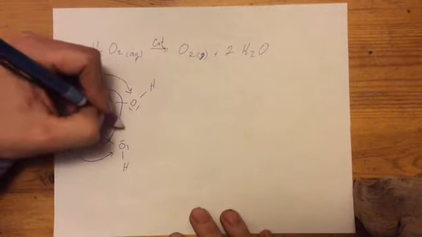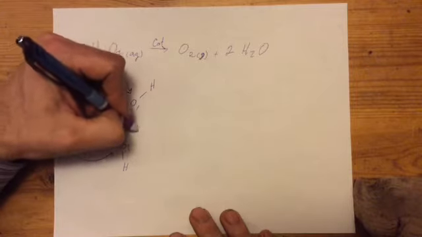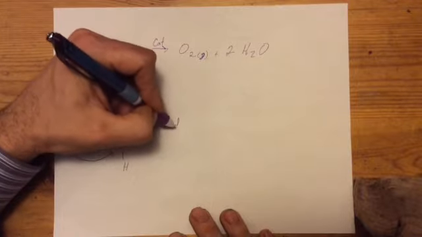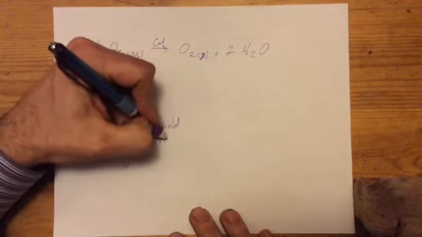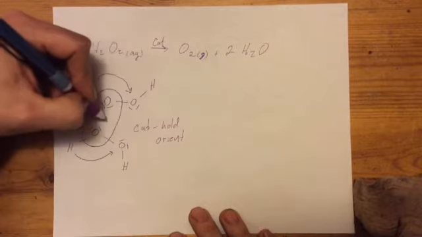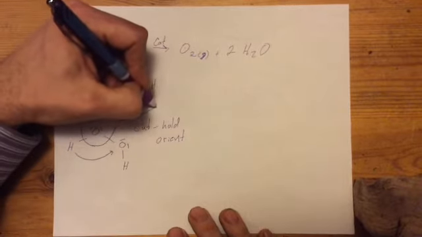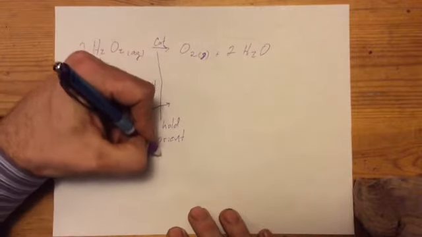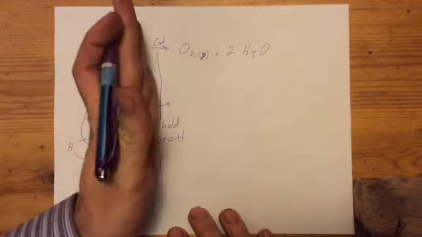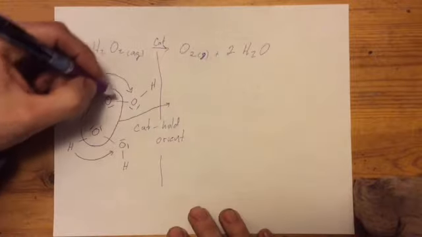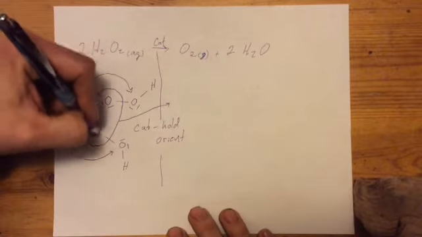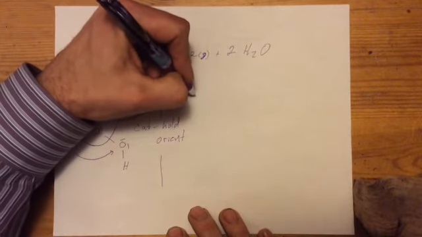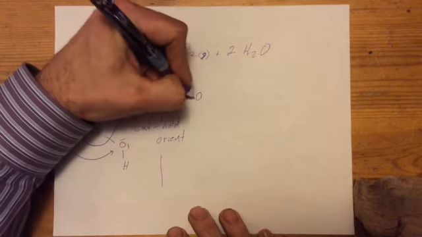And so what happens here is the catalyst kind of holds things in place and orients the molecules so that all that can happen. And then this O2 jumps out. I'm going to draw this line down through here to show that this side is the reactants and that side's going to be the products. And so what's in this circle is two oxygens, and those two oxygens can jump out of there.